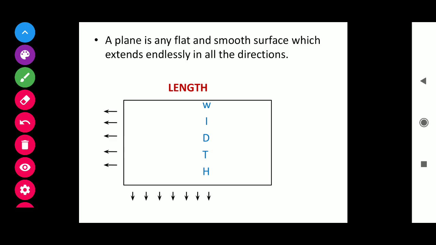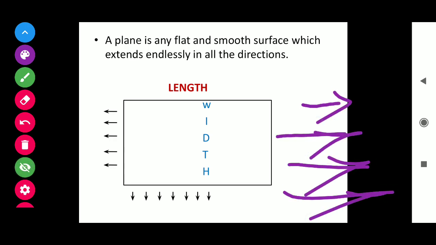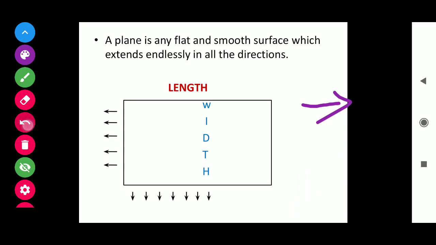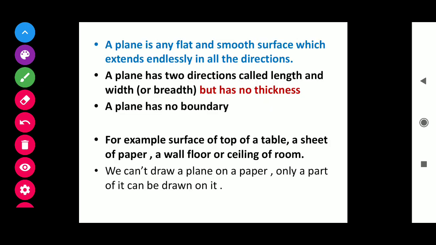This is the plane, so it is a simple part of a plane. The whole plane cannot be drawn on the paper because it can be extended. It can go away endlessly like this. That's why a plane can't be drawn on paper. What we are drawing on the paper is a part of a plane.